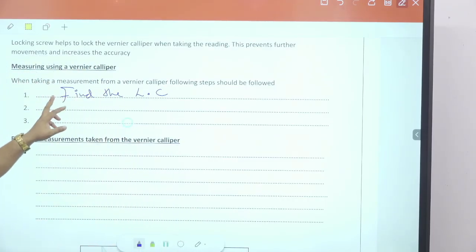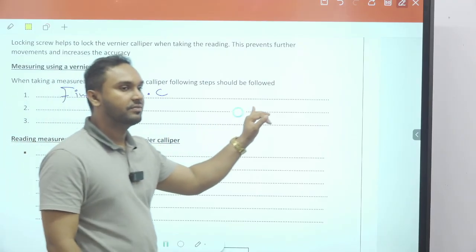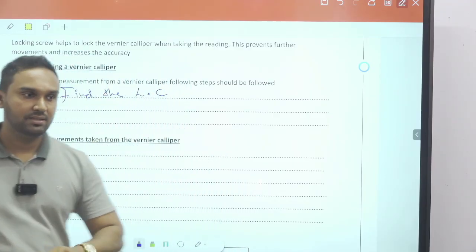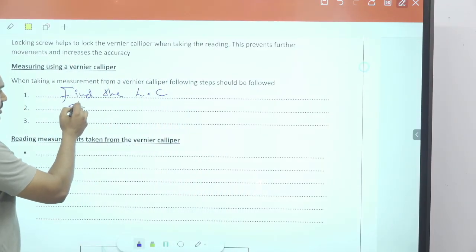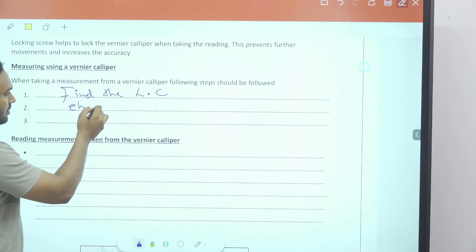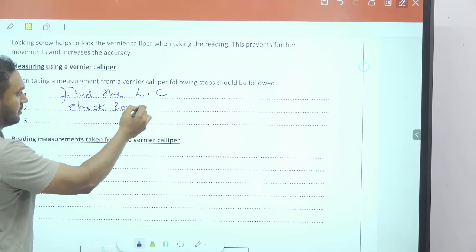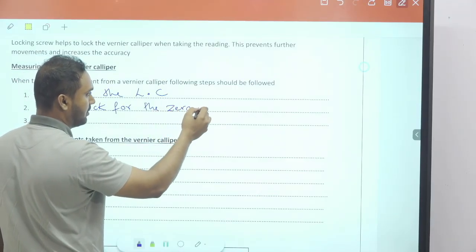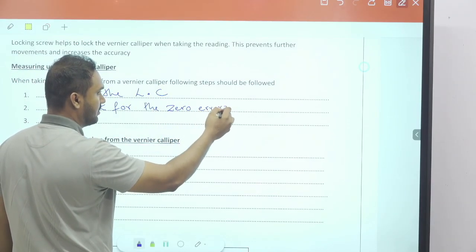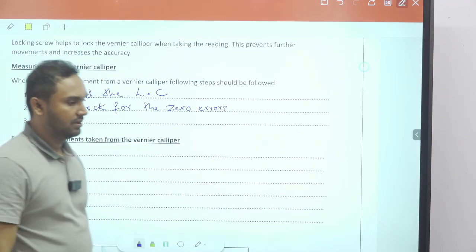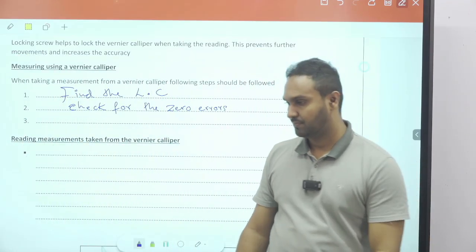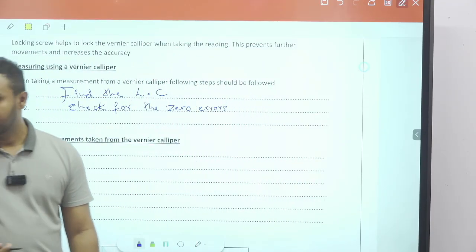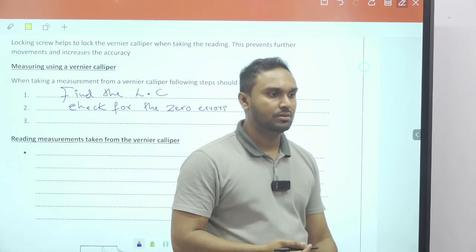The second thing you have to do is check for the zero errors, the possible zero errors. Then if there is no zero error, what do you have to do?